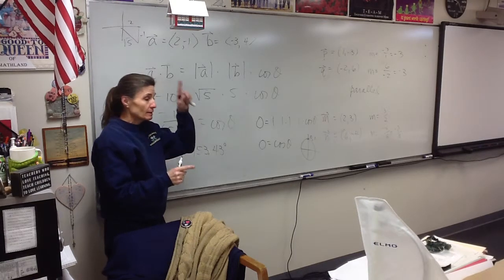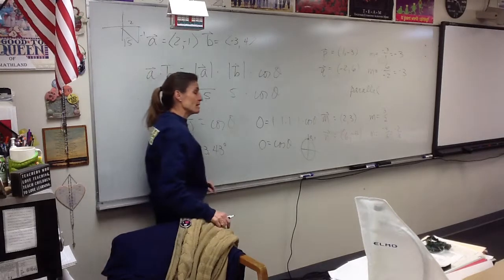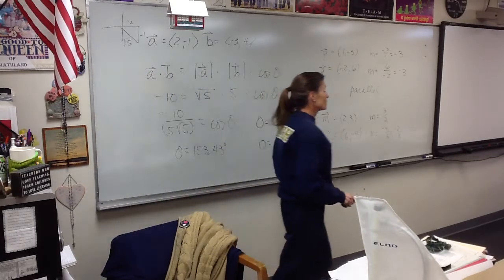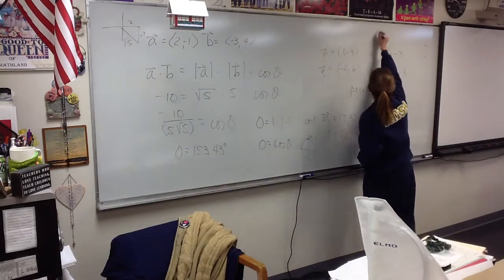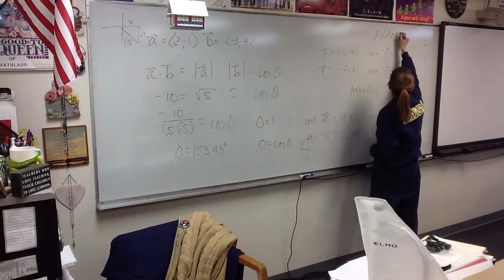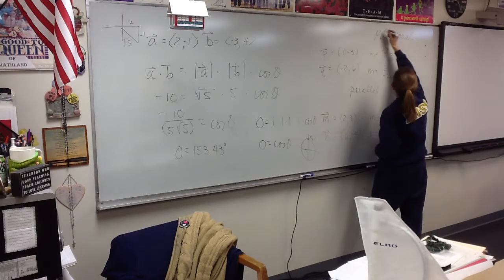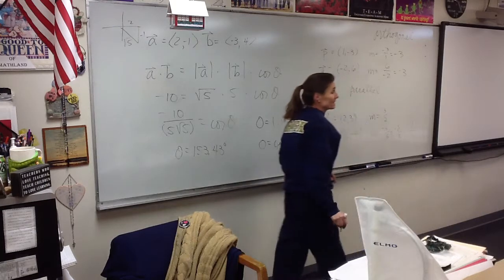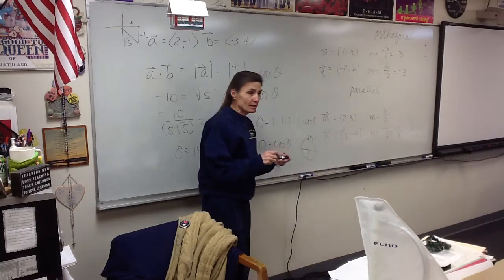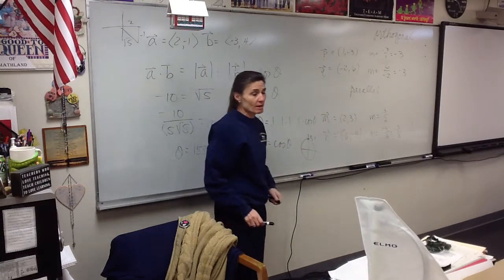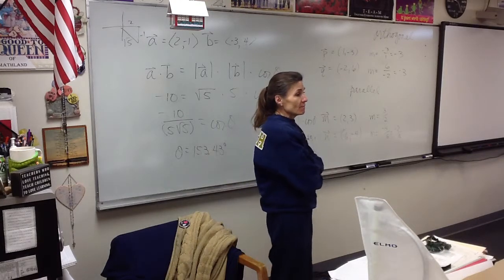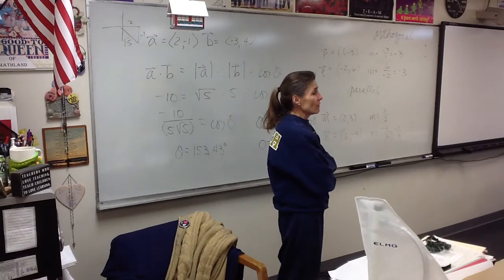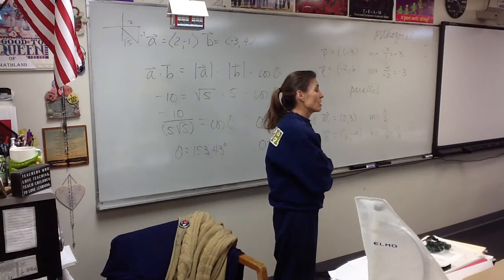Okay? Write this down. If the dot product is 0, the vectors are orthogonal. That is the vector word for perpendicular. We don't say perpendicular, we say orthogonal.